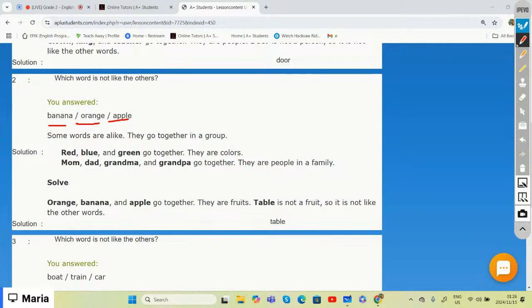All right, so banana, orange, and apple, they are grouped together, and we can say they are your fruits.